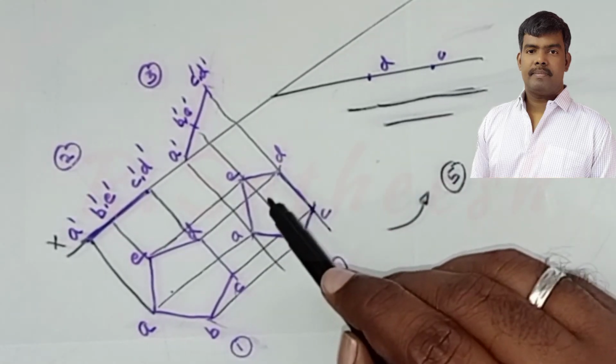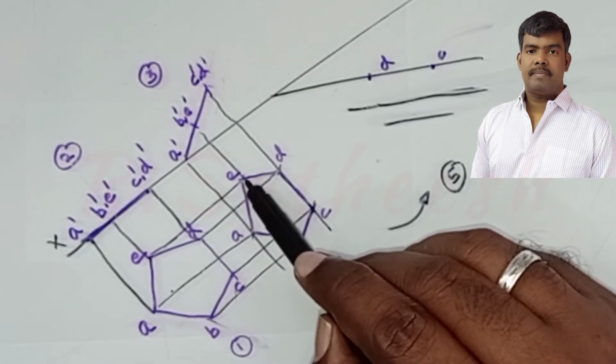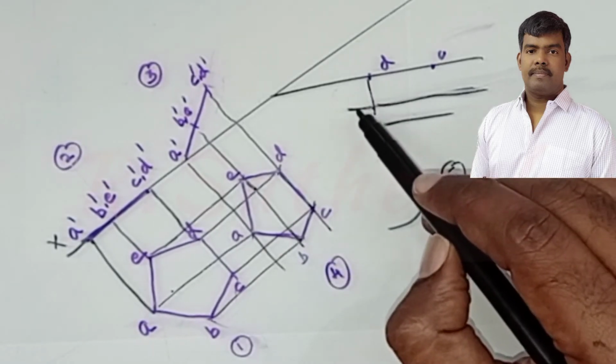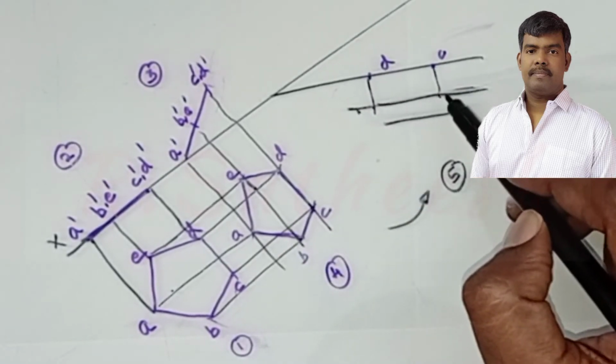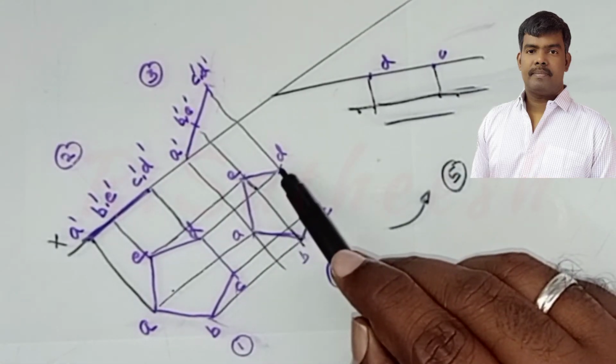Next, from D draw a horizontal line. Whatever distance there is from here to here, mark the same distance here. Next, A lies at the midpoint of CD.